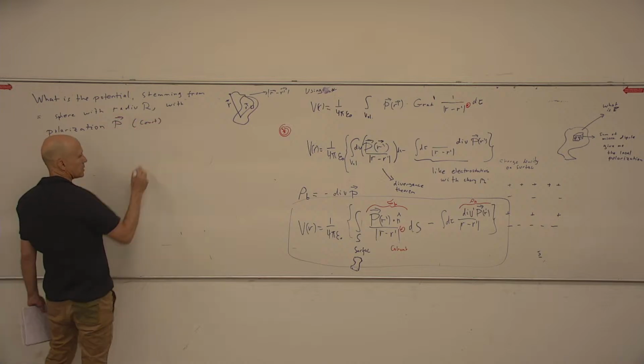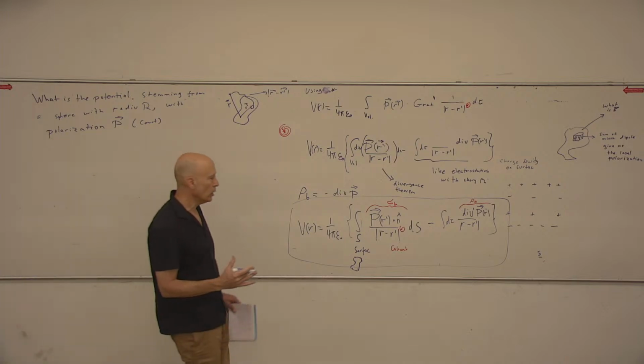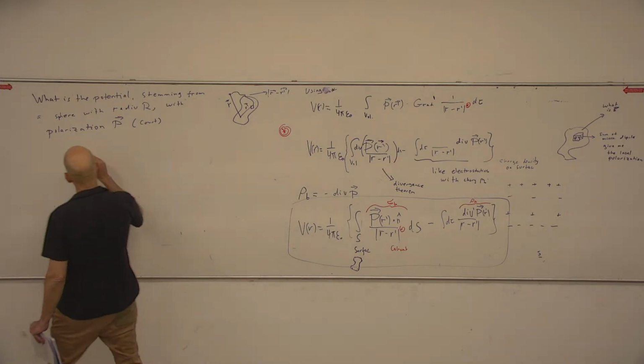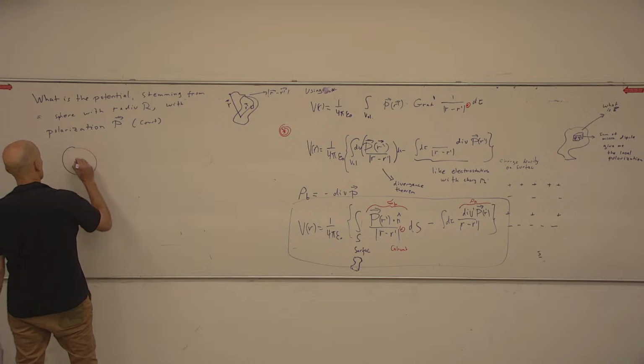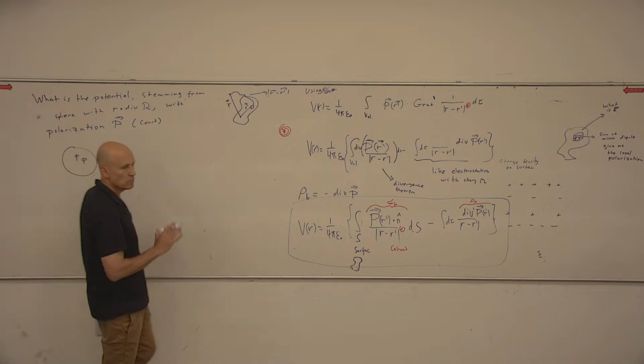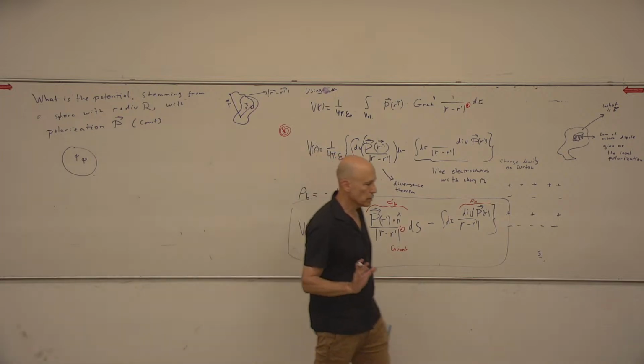What I mean is it's independent of space. So you have a ball, radius R, and here I have P, capital P. This is the problem. That's it.